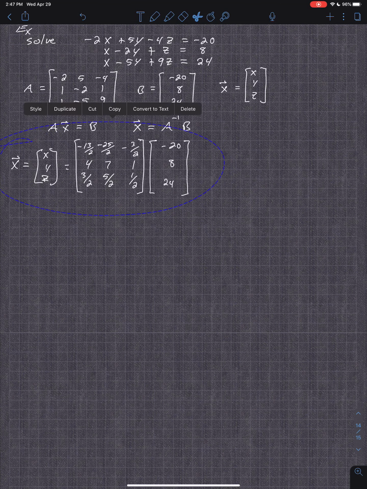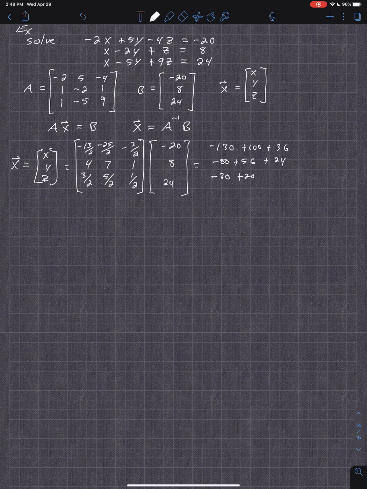So it's negative 130 plus 100 plus 36, negative 80 plus 56 plus 24, negative 30 plus 20 plus 12, and you get 6, 0, 2. So that's your ordered triple solution, 6, 0, 2.